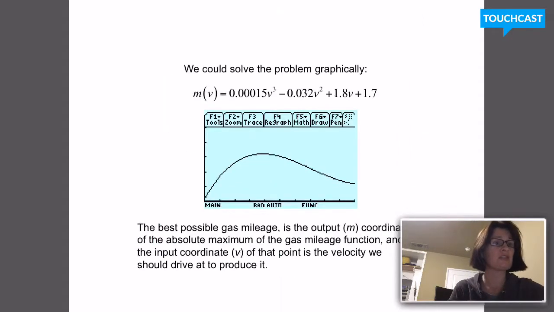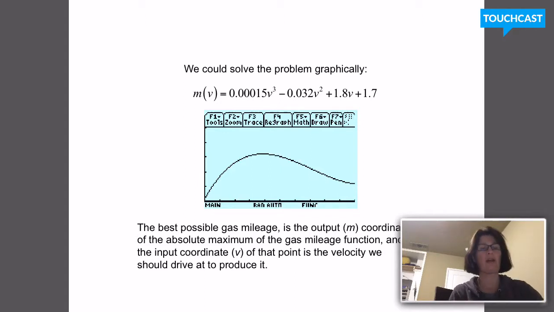So we could try to solve that problem from the beginning of chapter 4 by using a graph. Remember, along the input axis is the velocity at which you drive your car, and the outputs are the gas mileage that you get, and we want the highest possible gas mileage.